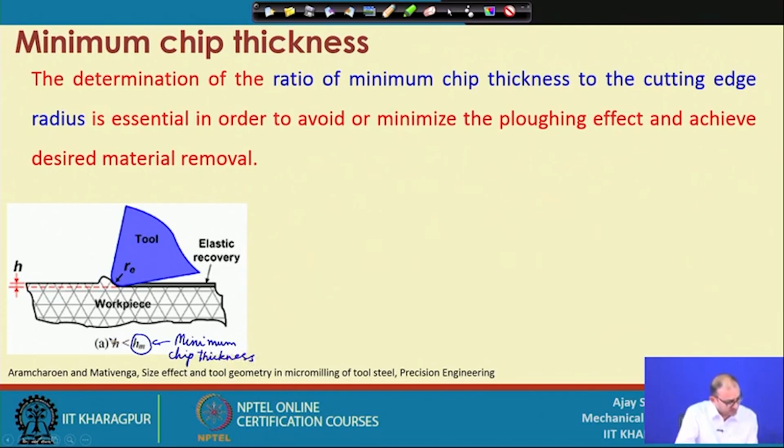Correct, and this is what we have set right now. Set H in the machining. Now consider H is smaller than HM. What is happening right now is we are keeping RE constant, that is, the cutting edge radius is constant.